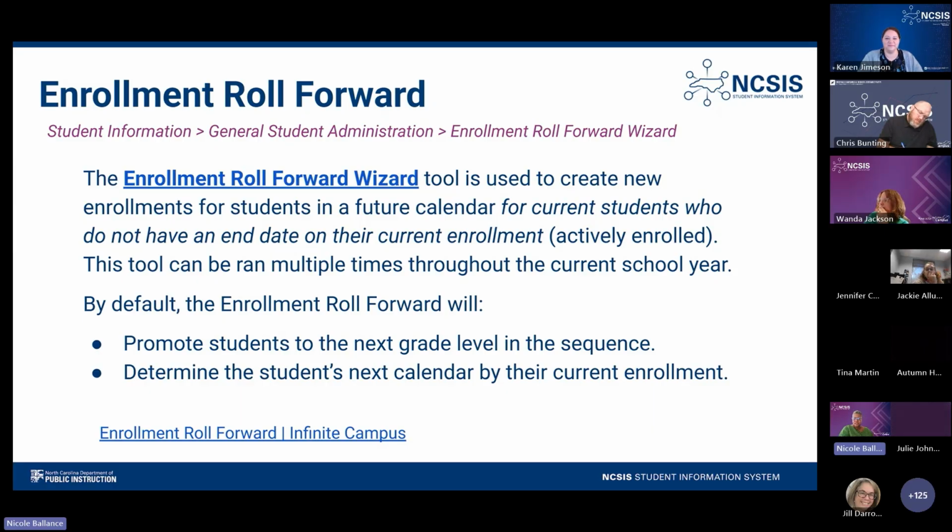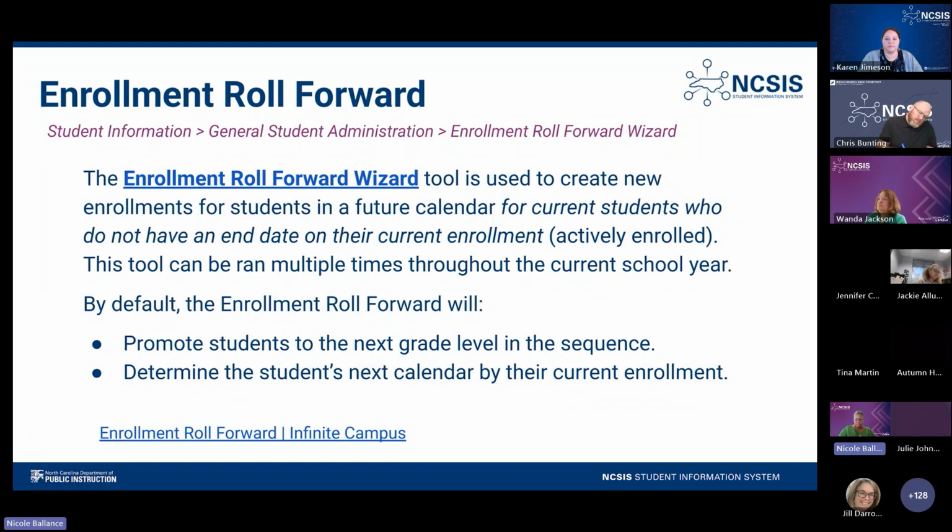What the sequence determines is, if a student is in one particular grade, how they will continue to move forward within the particular schools based upon that sequence. So you want to make sure that your sequencing is set up properly.